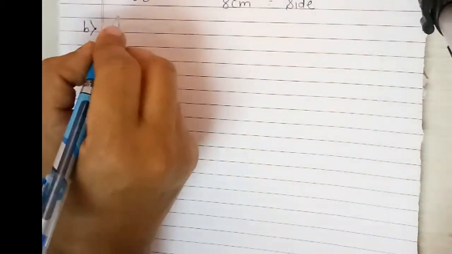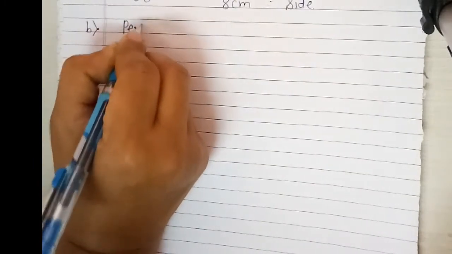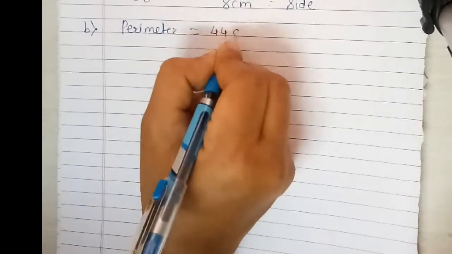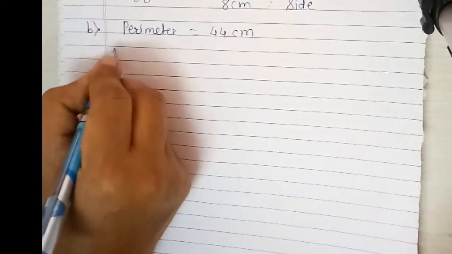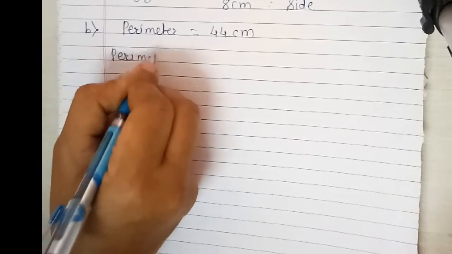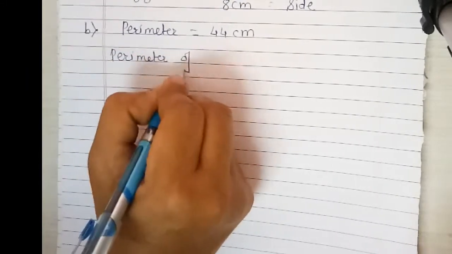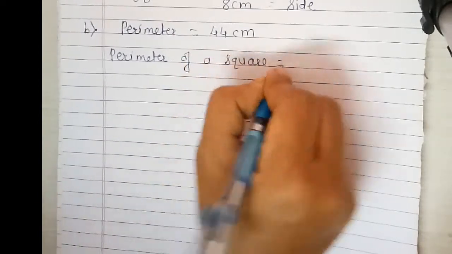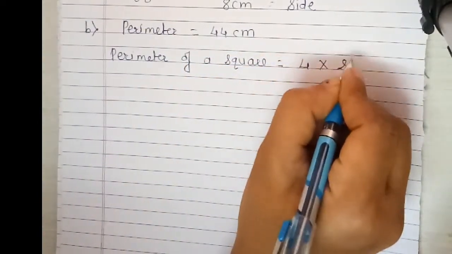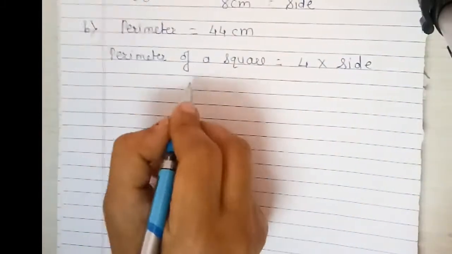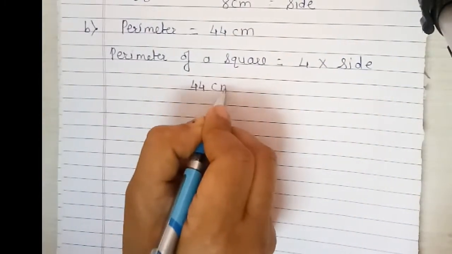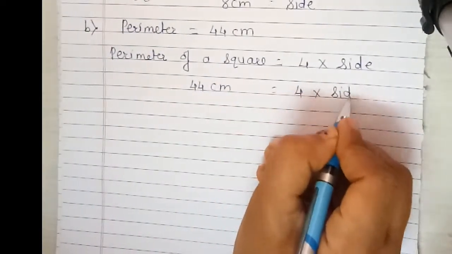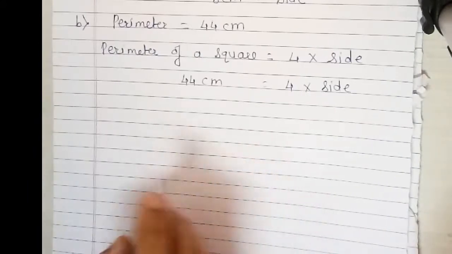Solution for B. The perimeter of the square is given as 44 centimeter. Now using the formula for the perimeter of a square, we have to find the side of the square. 4 multiplied by side. Now the perimeter is given, that is 44 centimeter. And now we have to find the side.